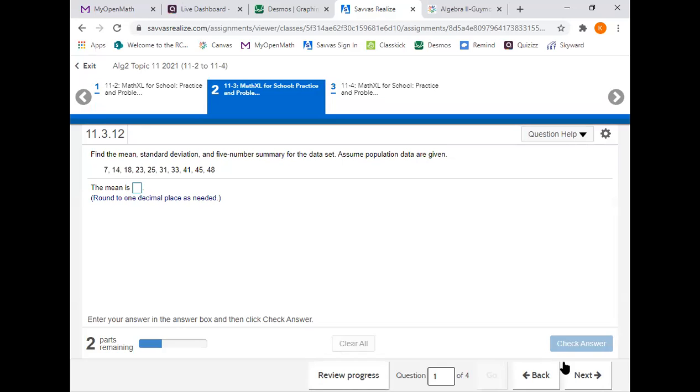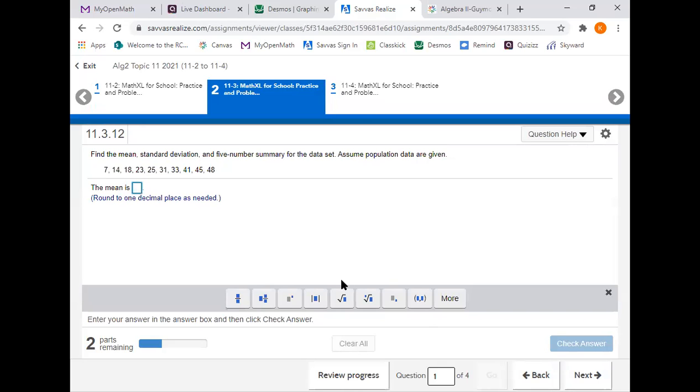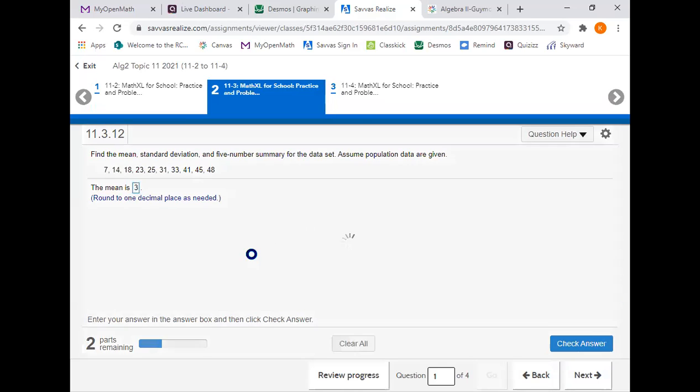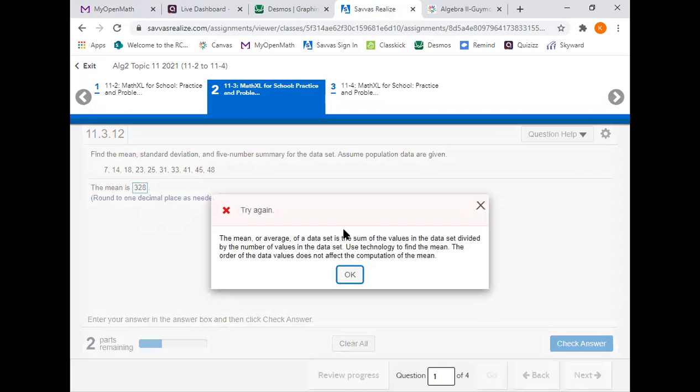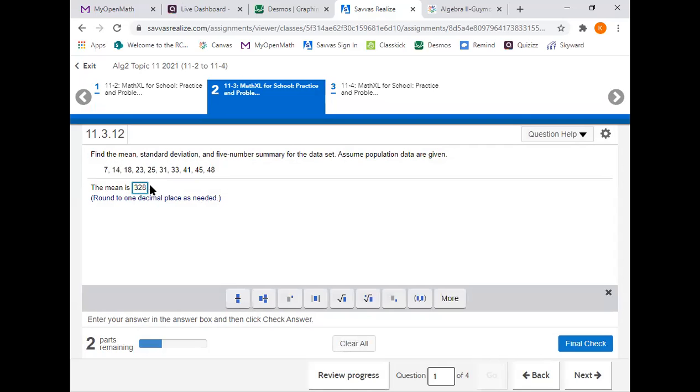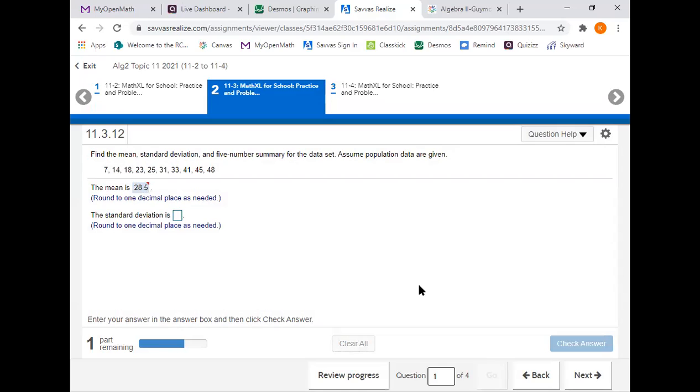So find the mean, we just did that. And then the next thing it asks for, what's the standard deviation? So find the mean, standard deviation, and we already did the 5-number summary.